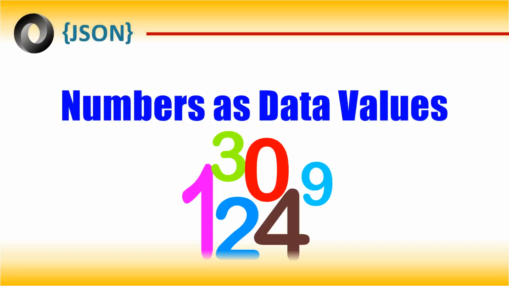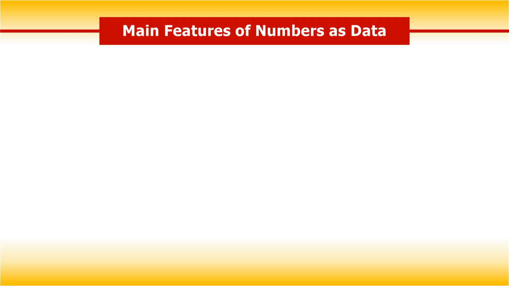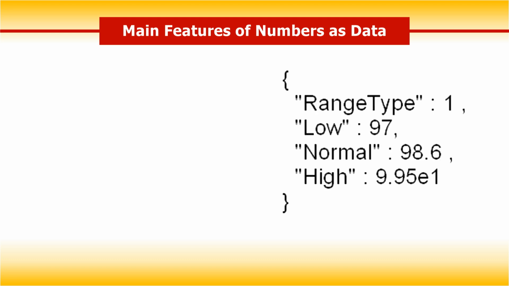Unlike XML, numbers are differently identifiable data values in case of JSON. Let us know details about this type. The main features of numbers as the data items are as follows.